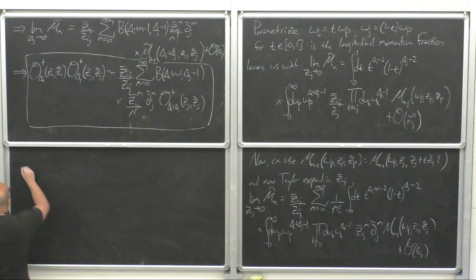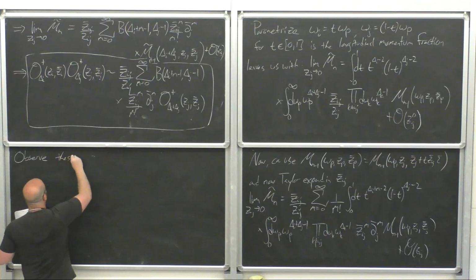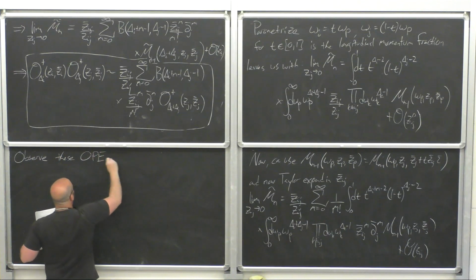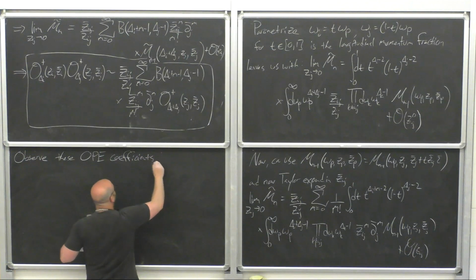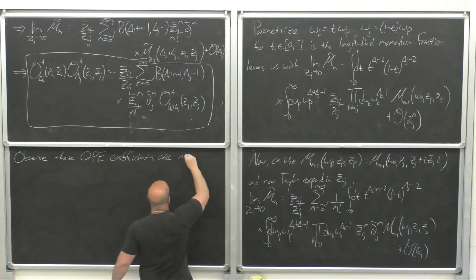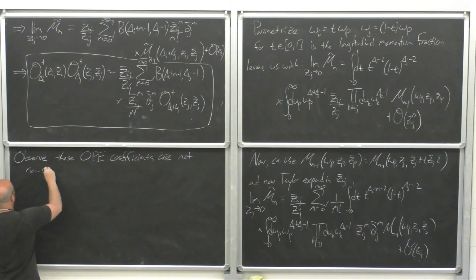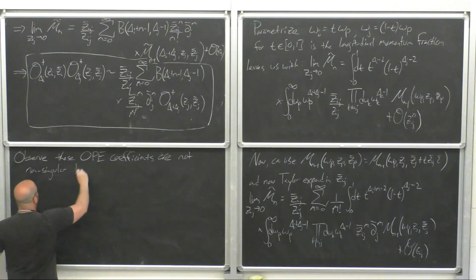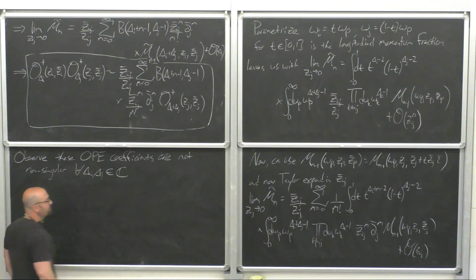It's an easy observation that the OPE coefficients that we just derived here are not generically non-singular for all choices of conformal dimensions for the external gravitons.